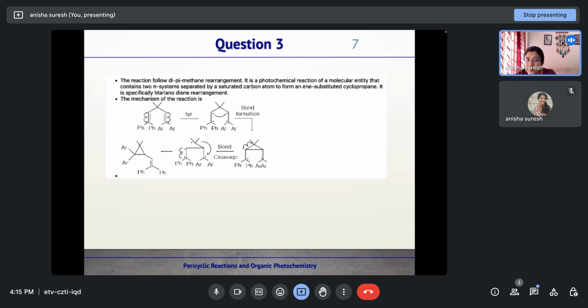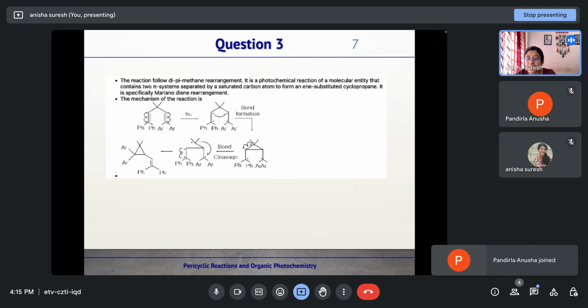Under photochemical conditions, it will lead to the formation of diradicals, as we can see here. Then two of the radicals will combine, leading to the formation of the cyclopropane. The cyclopropane can undergo ring opening from both sides, from this side or from this side.